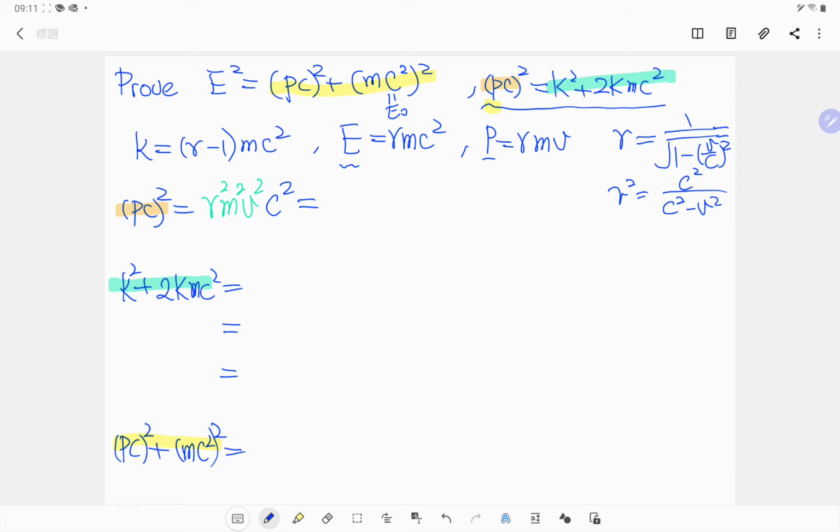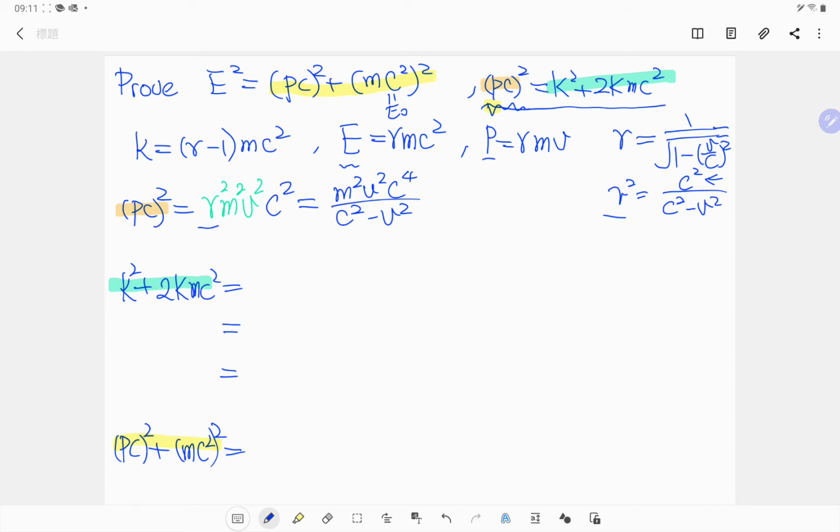It will look like this. So we can substitute gamma square into here. So we have m square v square c to the 4th power, because we have a c square here, over c square minus v square. So this is the left hand side of this equation.